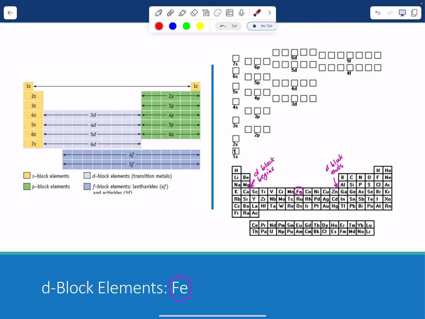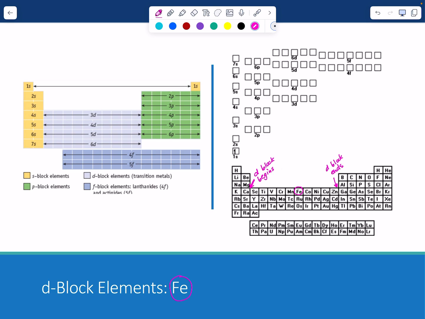So just for a second, let's rewind and think about our d orbitals. Remember that at every n level, we have one s-shaped orbital that can have 2 electrons. When we have p orbitals, there are 3 separate shapes they can be in, each of which can have 2 electrons. So at any given n level, we can have up to 6 p electrons.